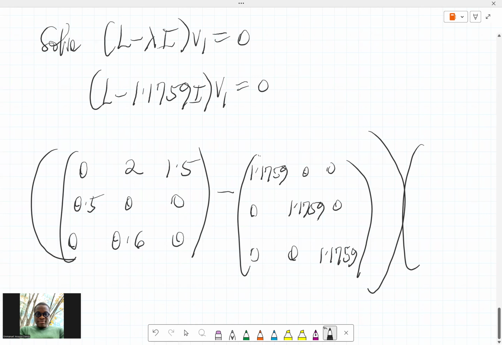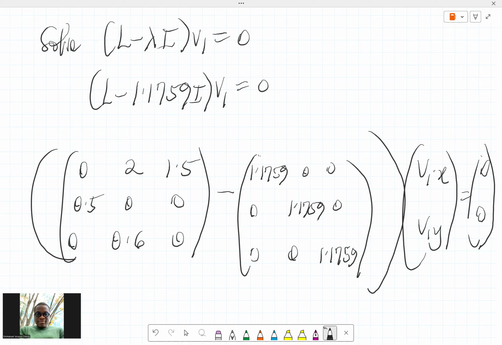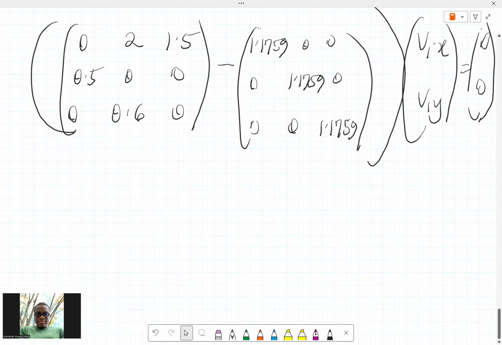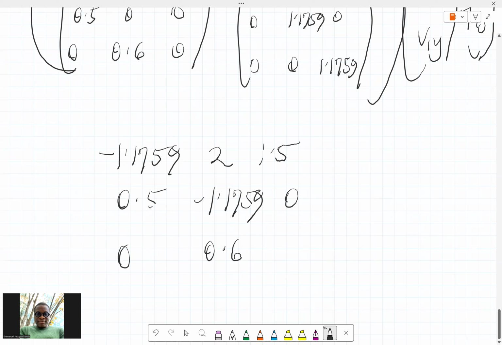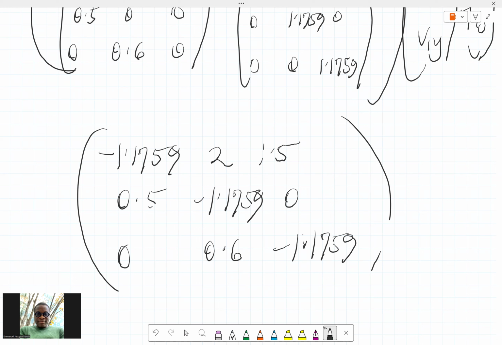All of this multiplied by V1x and V1y is equal to 0. Tidying up, we now have minus 1.1759, 1.5; then 0, 0.5 minus 1.1759; then 0, 0, 0.6 minus 1.1759, and so on. This is multiplied by the vector V1, and all of this is equal to 0.